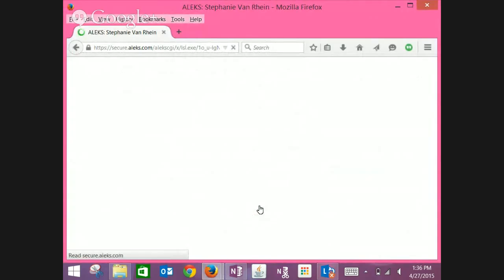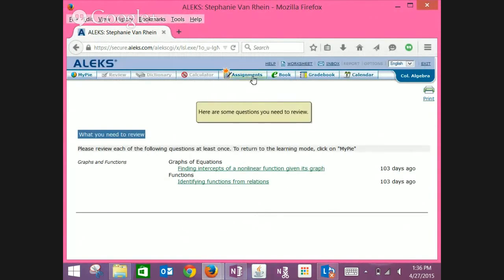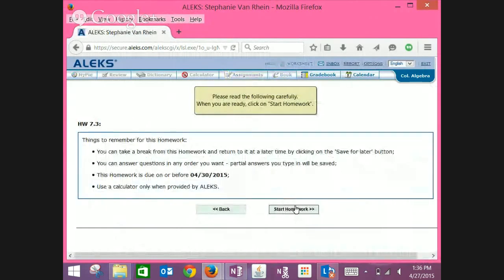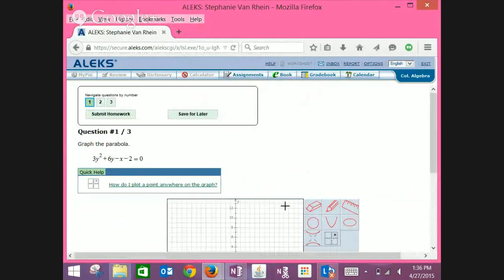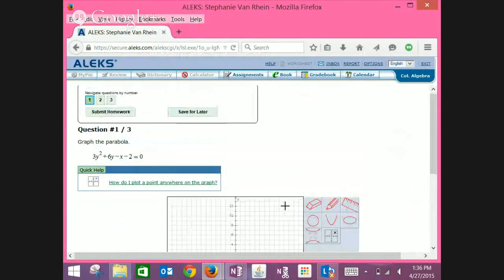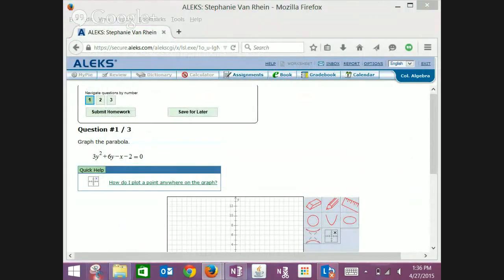These are the assignment, these are the Alex type questions for 7-3. There will be 3 questions, right? And they're all quick retakes, so no excuses, right?